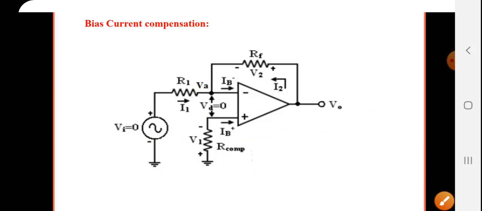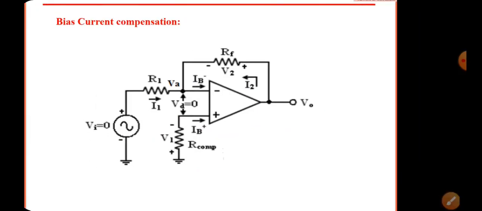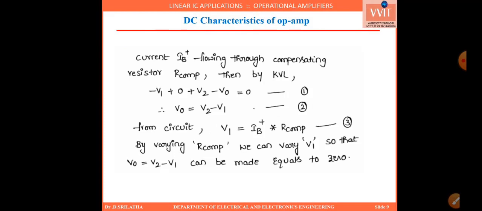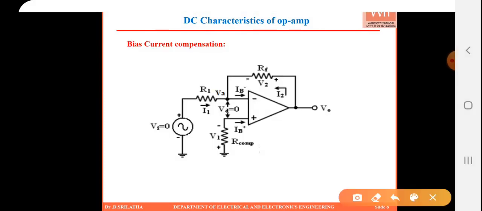Now let us analyze this circuit. Because there is no current flowing through the two terminals, because of the virtual short, VD will be equal to 0. That means VA is equal to VB. The voltage at point A is equal to the voltage at point B due to the virtual short.